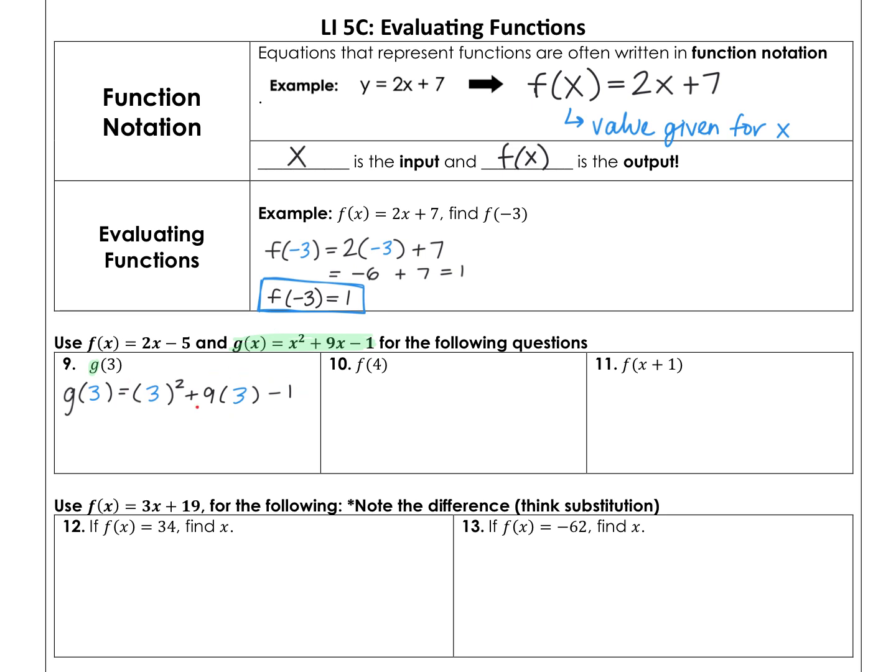G of 3 is just a notation to say I'm plugging 3 into this equation. You can use a calculator and type all of this in at once, or you can use your brain, which is also good. That's what I'm going to do. 3 squared is 9. 9 times 3 is 27. So that is 36 minus 1. That is 35.